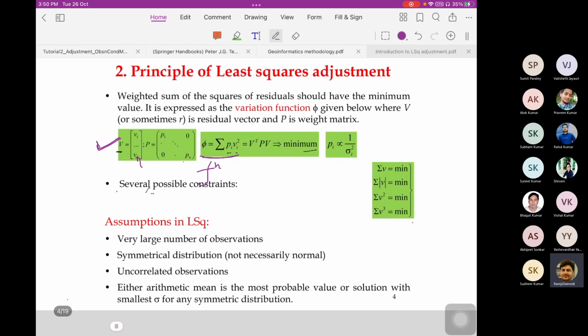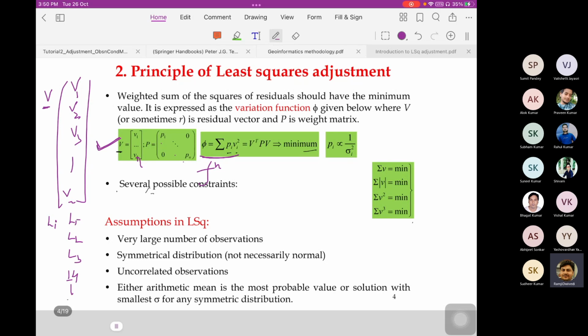Now the question is, why do we write V as V1, V2, V3, and Vn? Because residual vectors are associated with the observations. Observations are Li, that means L1, L2, L3, L4, and so on. So you have a set of observation vectors, isn't it?